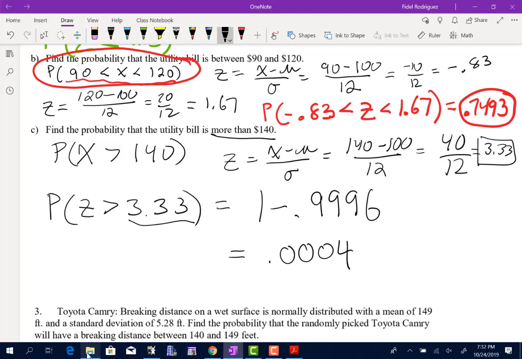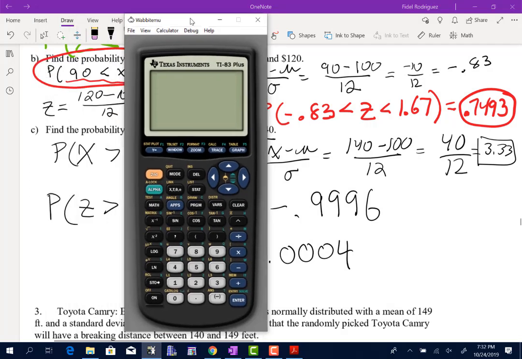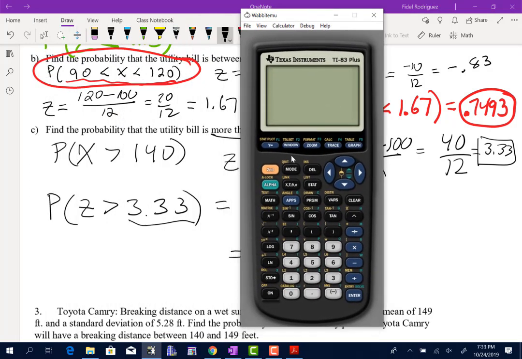Guys, let me ask you a question. If you were going to use your calculator to do this, and you're looking for the area, we know we're looking for the area to the right, right? So wouldn't we turn it on, second vars, second vars, we're going to go normal CDF.